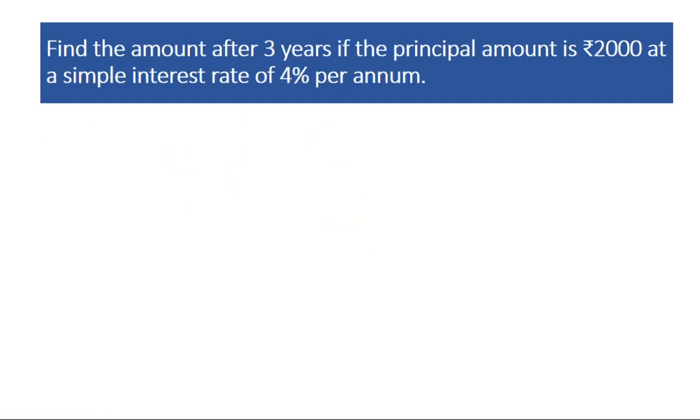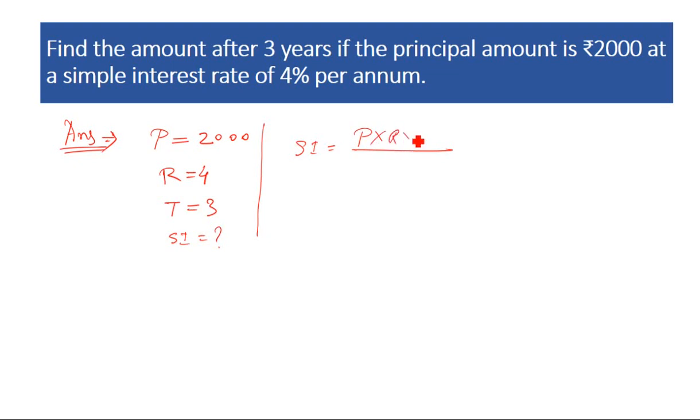Find the amount after 3 years if the principal amount is 2000 at a simple interest rate of 4% per annum. P is equal to 2000, R is equal to 4, T is equal to 3. SI is equal to P into R into T by 100, 2000 into 4 into 3 by 100.